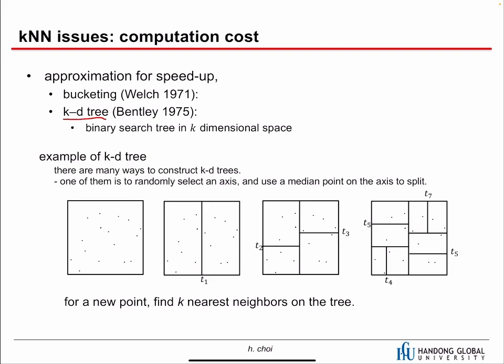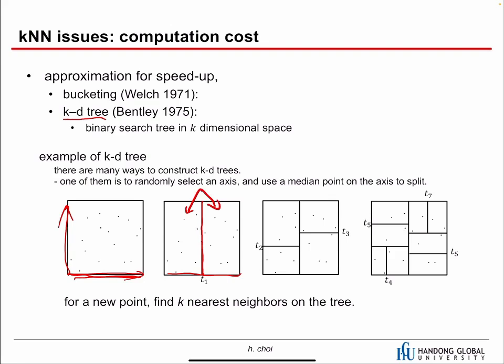We have two axes here, and we randomly choose this one. Then on this axis, which one is the median point? We find the median point, and based on this median point, we draw one line. So we actually constructed a tree here.